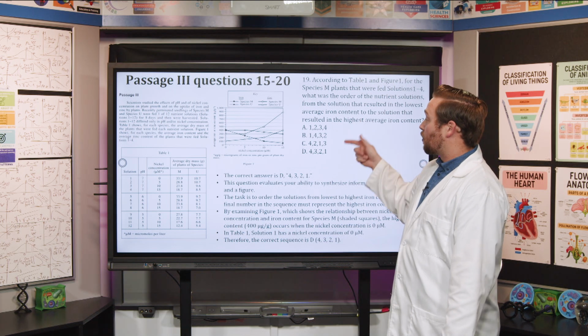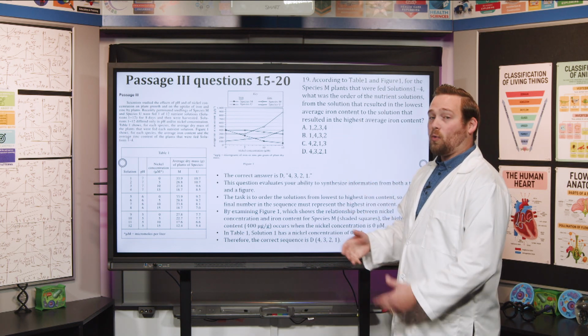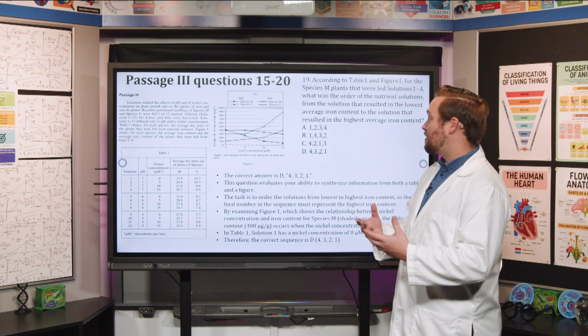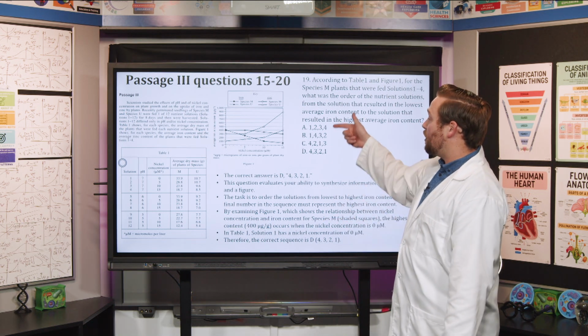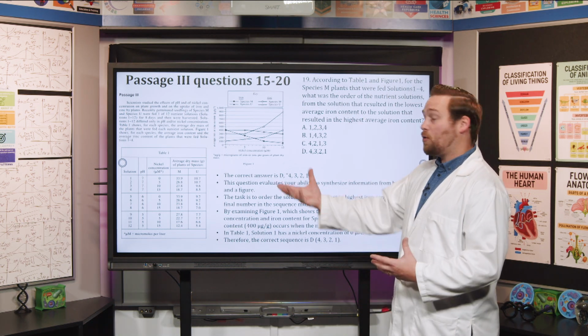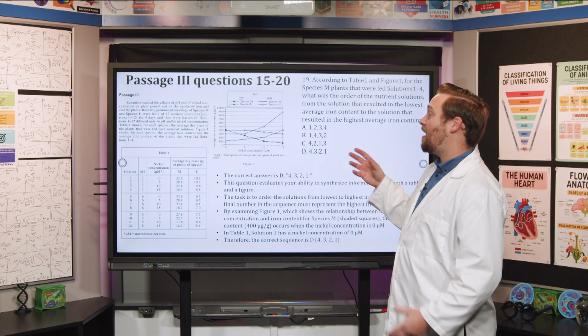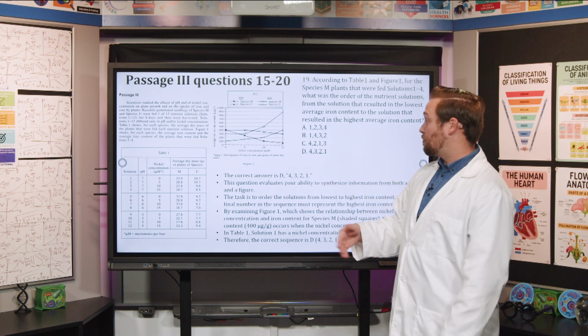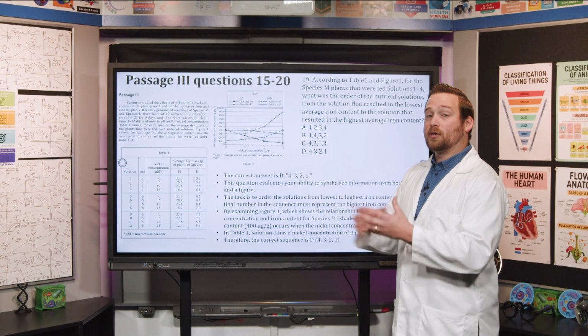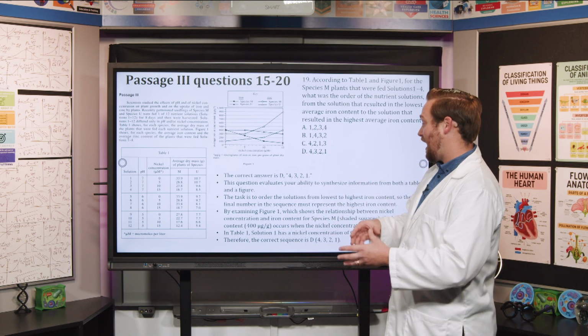A ends in 4, B ends in 2, C ends in 3, D ends in 1. So what I can really do here to save myself some time is find which of these resulted in the greatest, then I don't have to worry about any of the other numbers, because I know the last one should correspond to which one had the highest average.